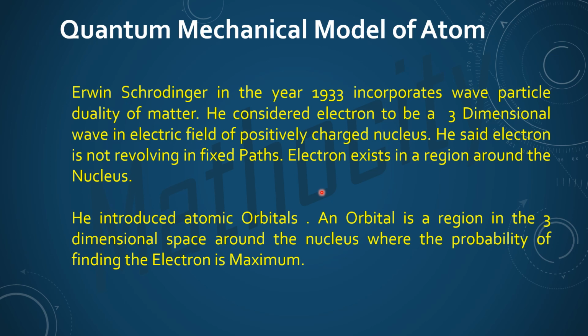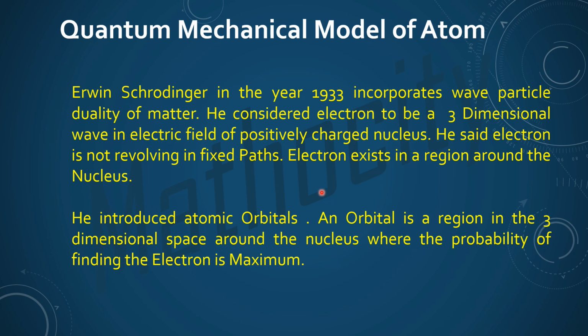Now, what are the main postulates of the quantum mechanical model of atom? Atom is spherical in shape, no doubt in it. Next, the entire positive charge and the mass is present at the center of the atom known as the nucleus, and the electrons are moving around the nucleus in different paths denoted by the principal quantum number n, and in each path there are subpaths, and there is a region around the nucleus where the probability of finding the electron is maximum.